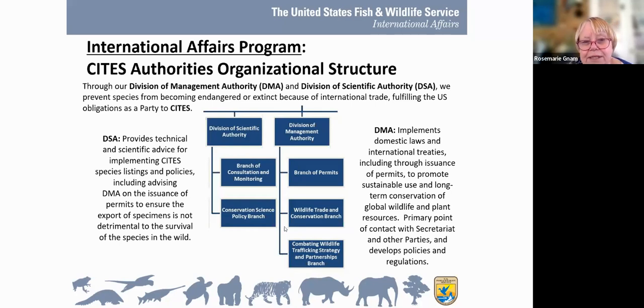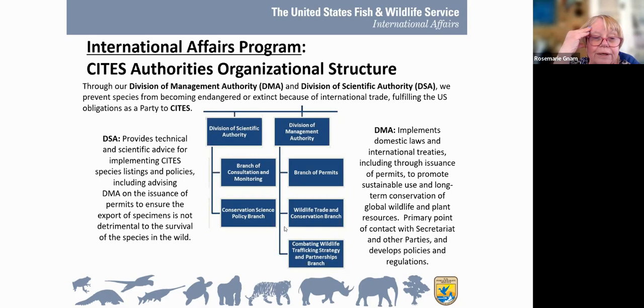So the scientific authority's role under the treaty is that we provide technical and scientific advice for implementing CITES. Basically, that means that we help draft the proposals that the U.S. would submit to CITES and evaluate other parties' proposals to determine the USG position. We also advise DMA on the issuance of permits.